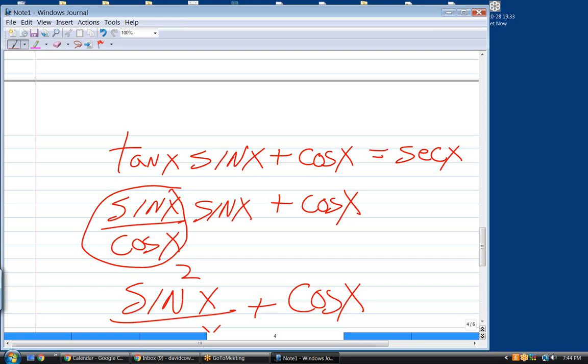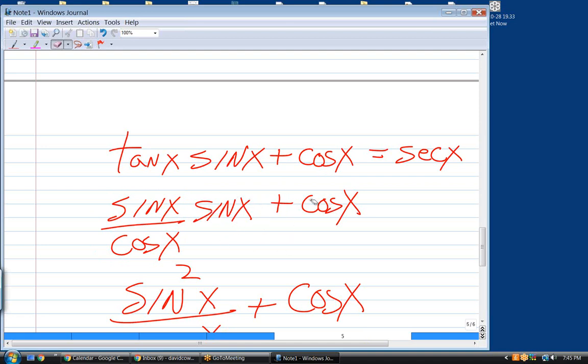It doesn't have to be the left, it can be the right. And there's no real rules against working with the right. I could have turned that into 1 over cosine if I'd wanted to. Might have made the problem a little easier. But I'm going to be very disciplined here and work only with the left.